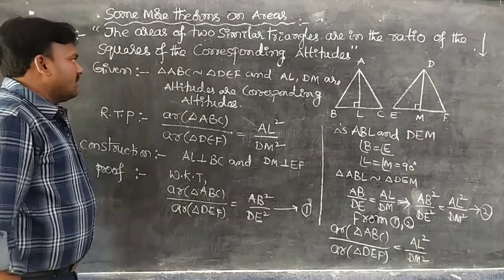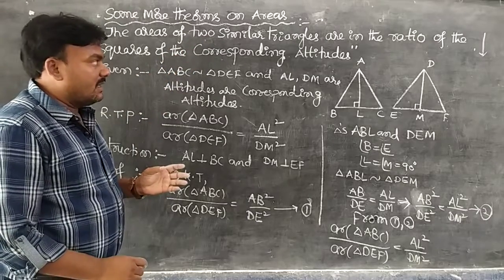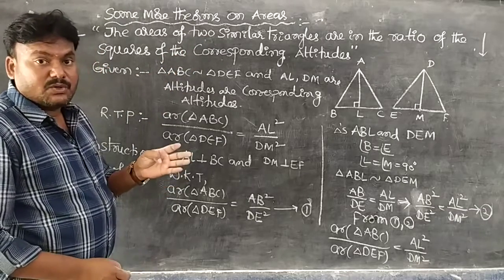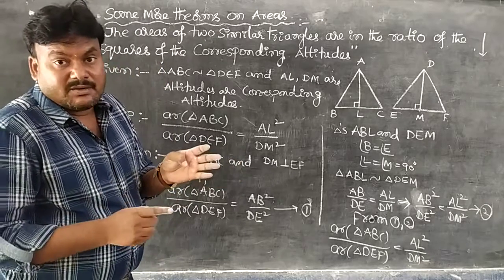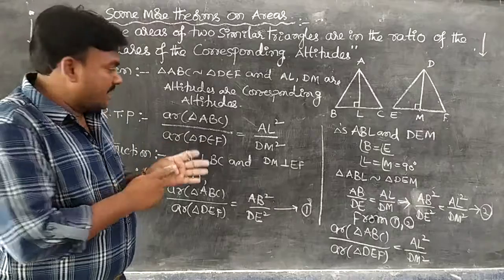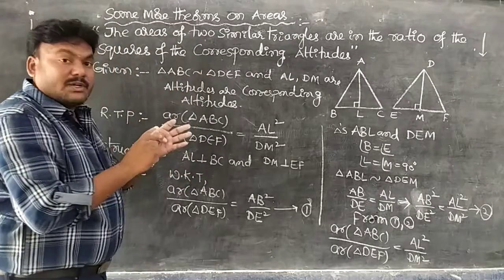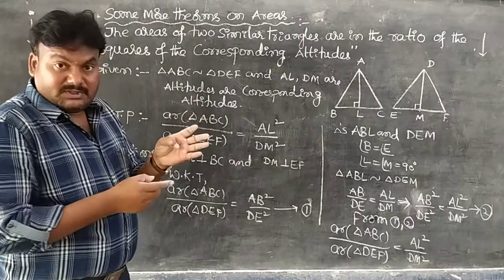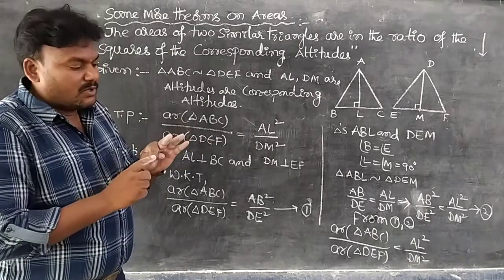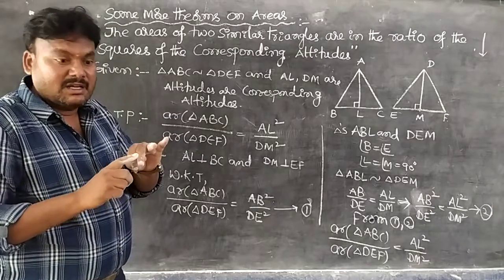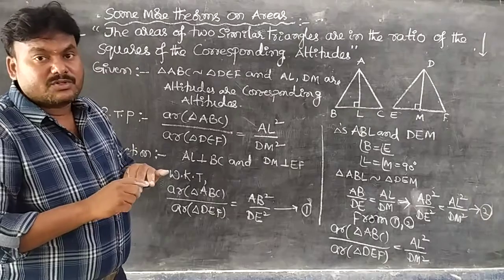Here, observe, the areas of two similar triangles are in the same ratio as, in the previous theorem, the ratio of squares of corresponding sides. Here what will we conclude? The ratio of squares of corresponding altitudes also. So squares of sides, squares of altitudes also. We have taken medians along with angular bisector, which we also proved, students.